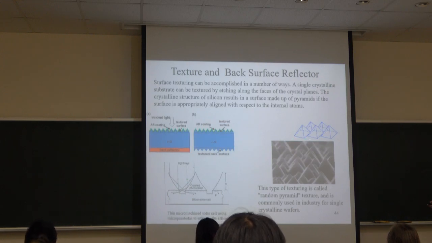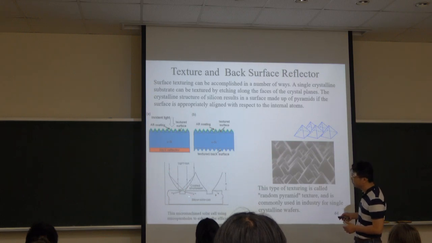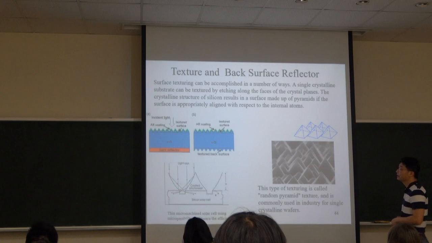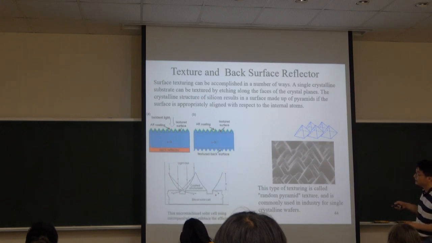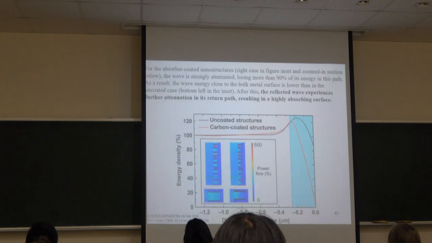This pyramid enables more light to travel through the solar cell. On the backside surface we can also create a tetra backside, a similar situation.